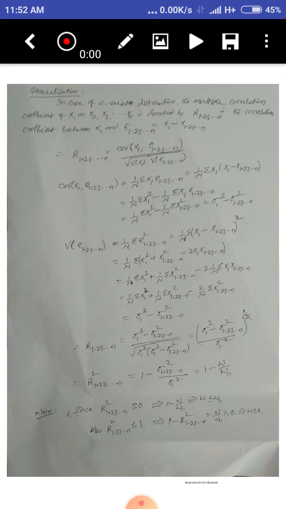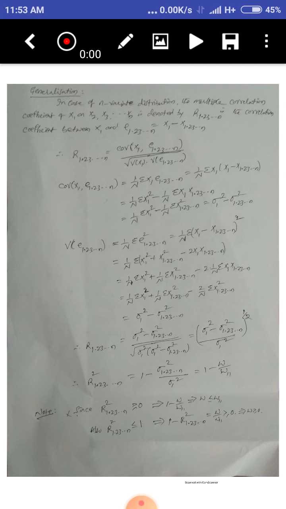Then you take 1 upon n summation inside. When you multiply by x1, you get 1 upon n summation x1 square minus 1 upon n summation x1 into x1.23, which equals 1 upon n summation x1 square minus 1 upon n summation x1.23 square, because we know the property that x1 into x1.23 is the same as x1.23 square.